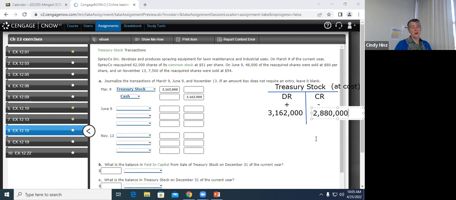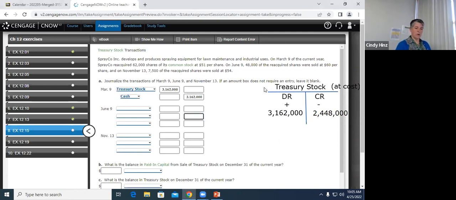But remember, the treasury stock account, the stock that's in there has a value of $51 per share. So in that treasury stock account, we only want to take out those shares at $51 per share at cost, at what we paid for them. 48,000 shares at $51 per share is only 2,448,000.